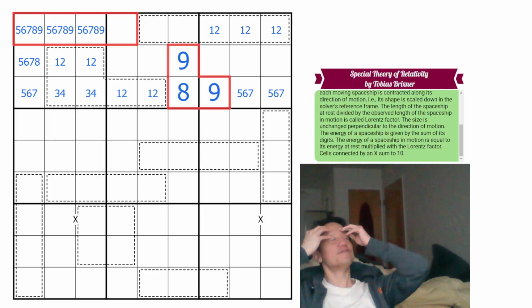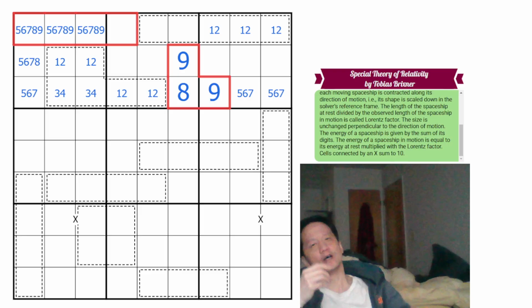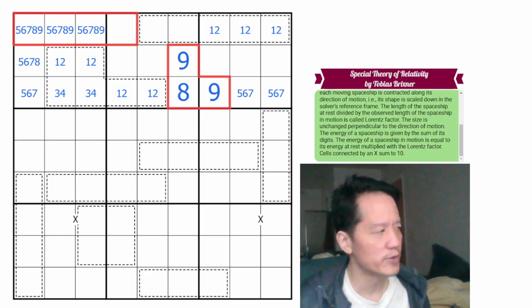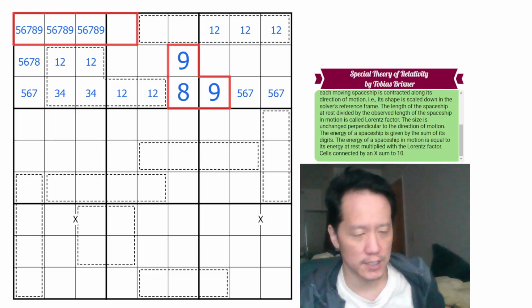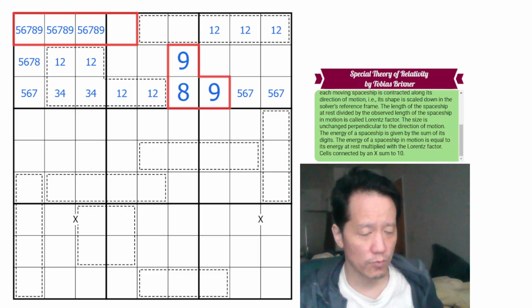So the sum of the 5 digits cell cage is 45 times 4/9. Well, 45 divided by 9 is 5, times 4 is 20. Right?